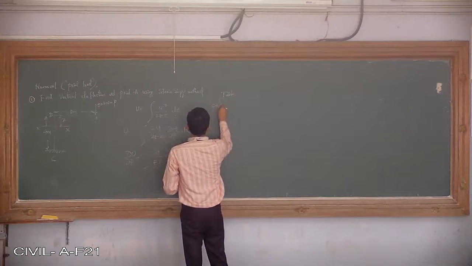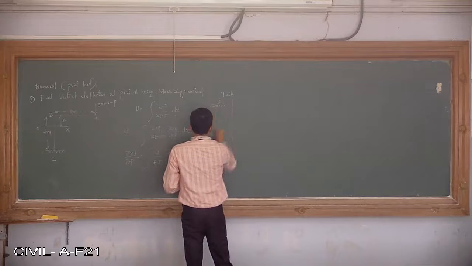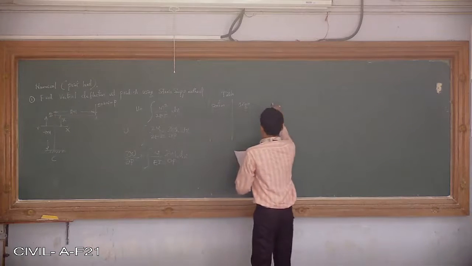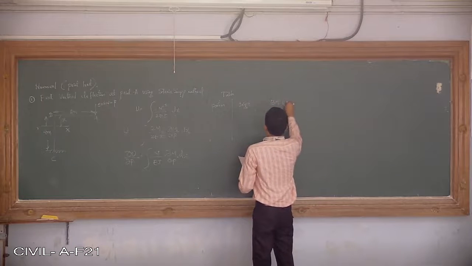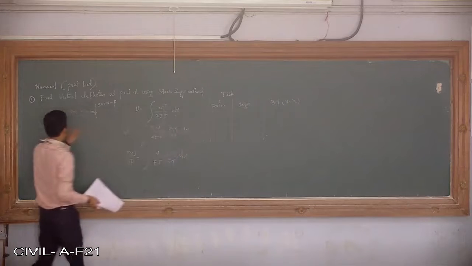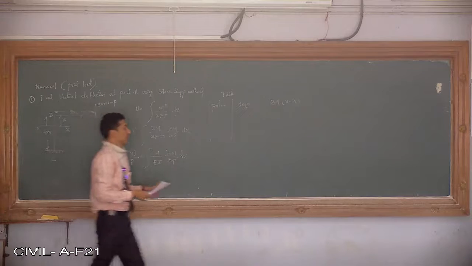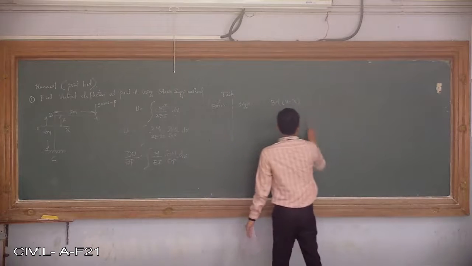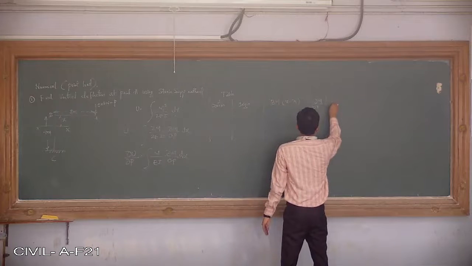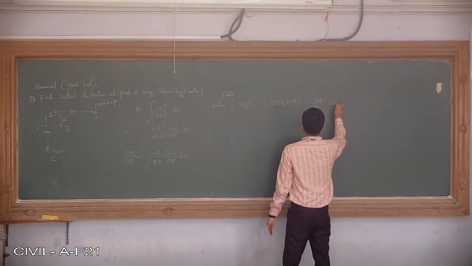Next we'll have a table with portion. We have origin. We have bending moment at section XX. You can take Mxx or you can say bending moment at XX. Okay. Next, differentiation with respect to P, dou M by dou P. Then you have limits.